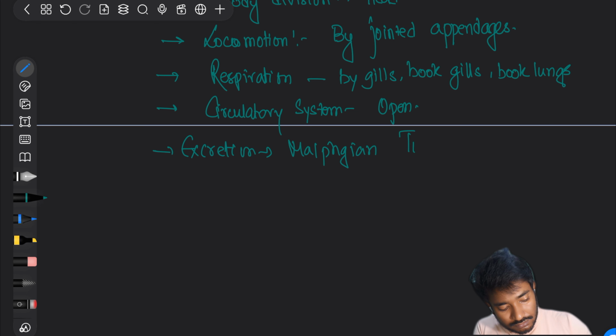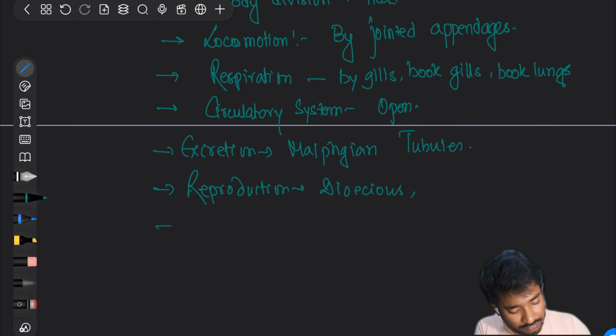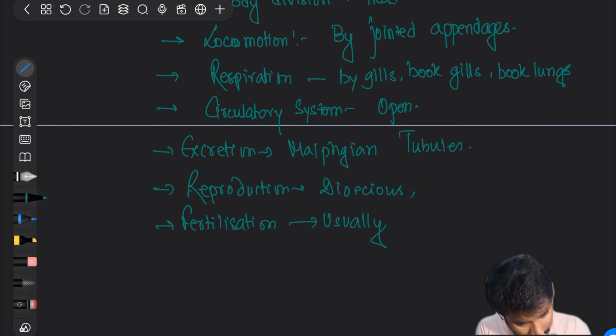Reproduction: dioecious. Fertilization is usually internal with direct and indirect development. Both can be seen.